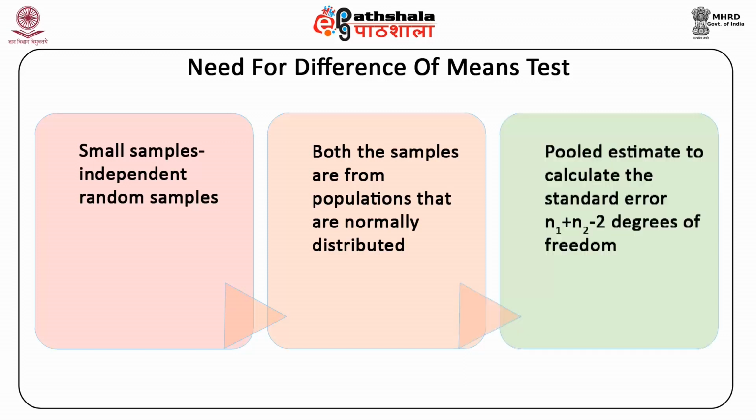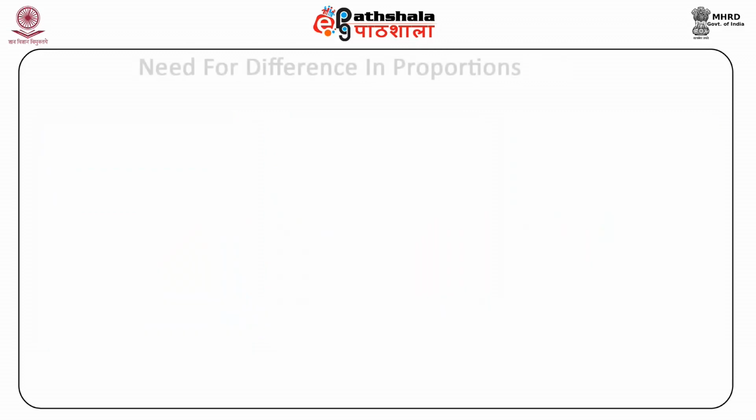We will then calculate the pooled estimate of the variance, use this pooled estimate to calculate the standard error, and finally conduct the test using a t-value with n1 plus n2 minus 2 degrees of freedom.